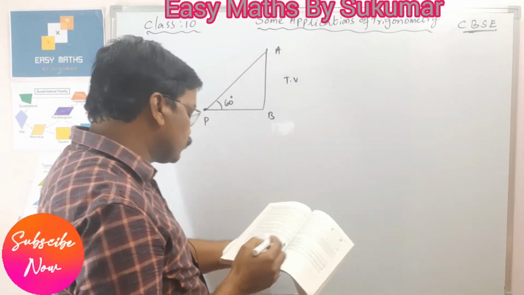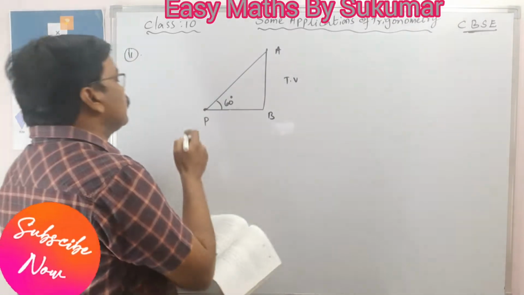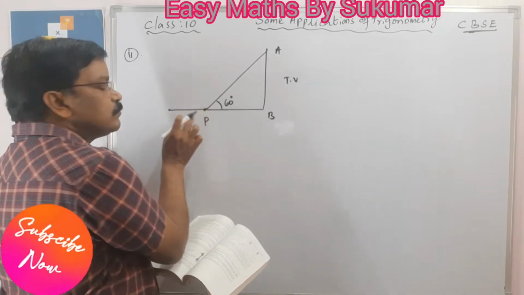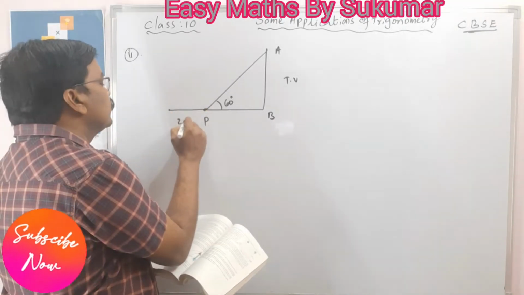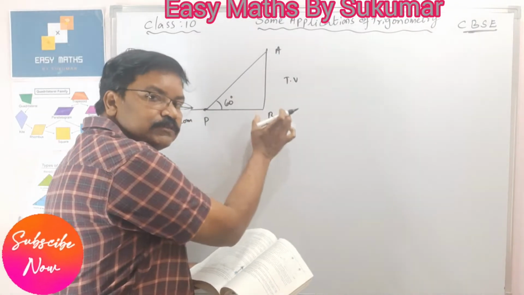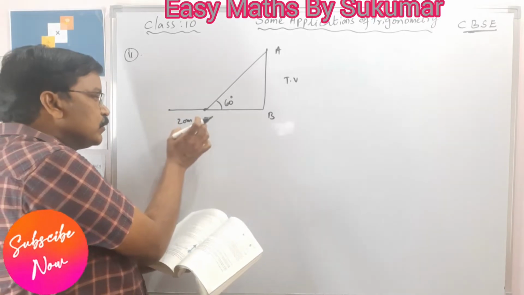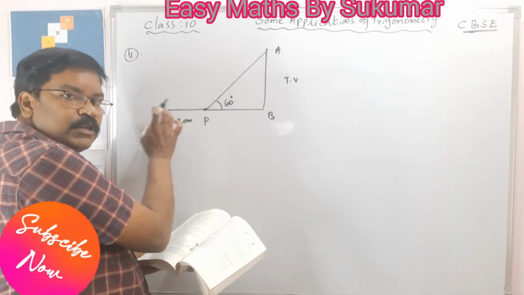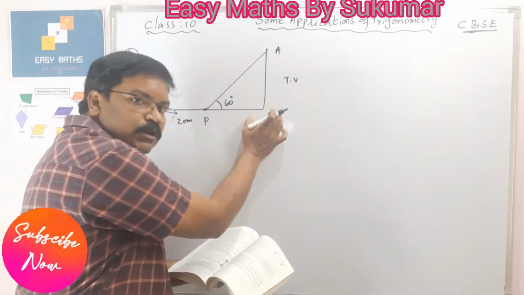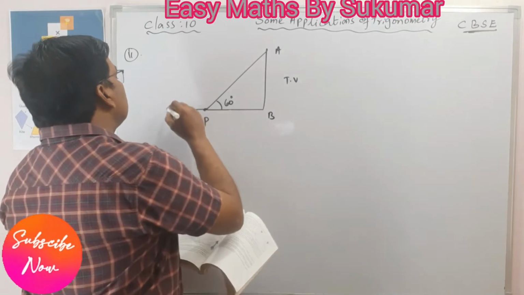From another point 20 meters away from this point P, on the line joining this point to the foot of the tower, the angle of elevation is given.